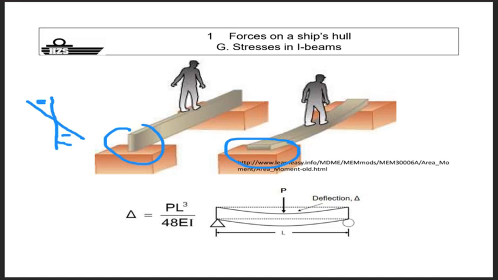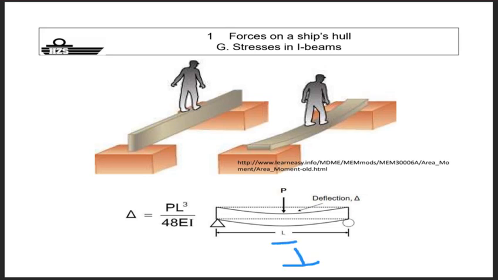The biggest is the right one, of course. But your I, your resistance against bending, is smaller. No, I have to draw it differently. Wait one second. Your area moment of inertia here is bigger, much bigger than that one.